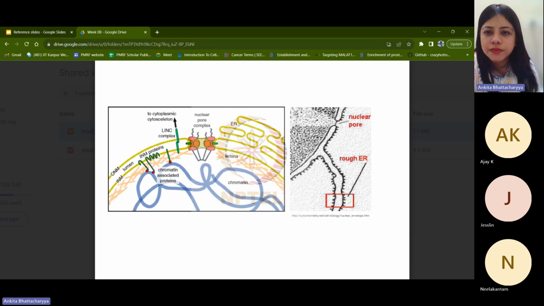The nuclear pore complex is responsible for interacting with whatever cargo is being moved inside and outside the cell, and whatever proteins are responsible for mediating it as well.